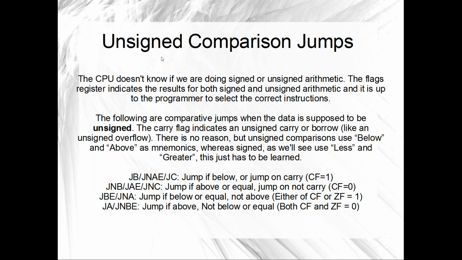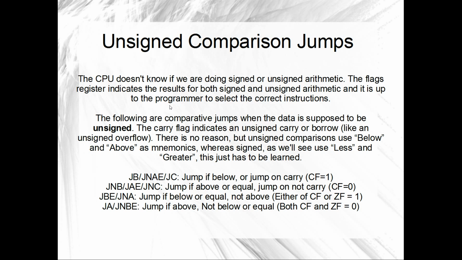Okay, now on to some comparisons, and this is really where most of the jumps come from, these comparison jumps. The CPU, this is pretty weird, doesn't actually know or care if we're doing signed or unsigned arithmetic. What it does is it sets the flags register to indicate the result of both, and then we, the programmer, read the bits in the flags register and decide what to do based on our data being signed or unsigned.